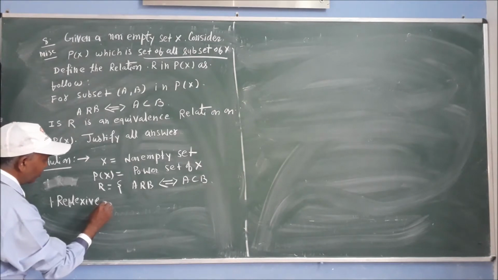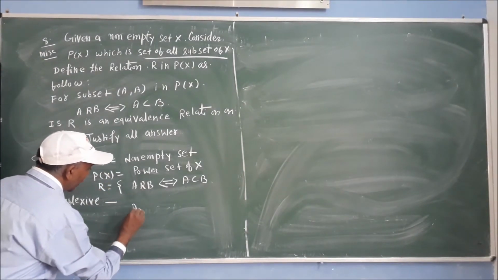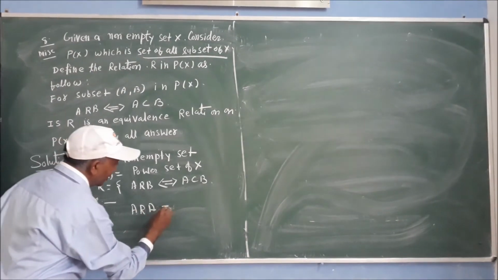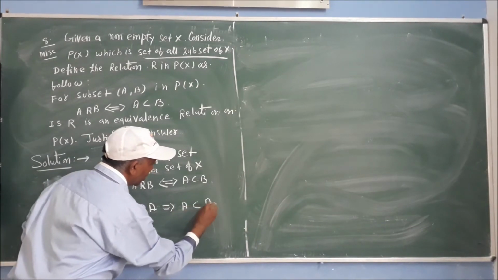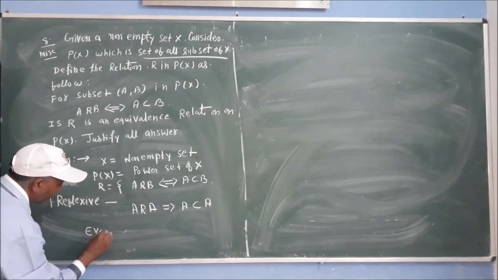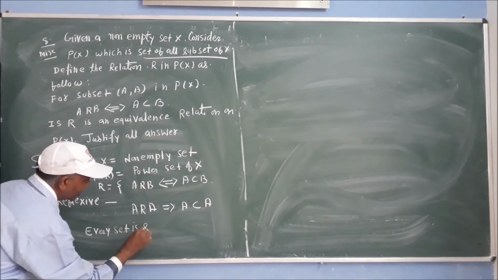So first we check the reflexive property. For the reflexive property, we have to write A R A. What is its meaning? This means A is a subset of A. As you know, every set is a subset of itself.